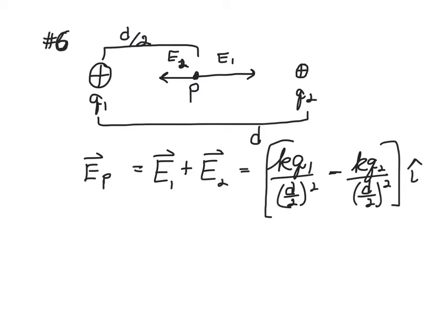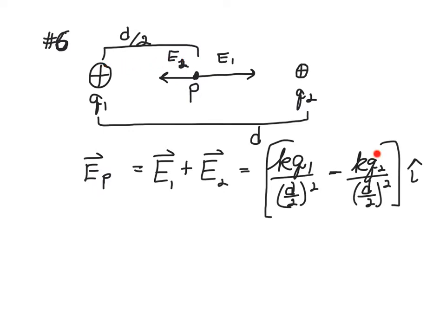And in my case, since Q1 is bigger, I know that E1 is bigger, and the answer is going to be positive. But one thing worth noticing, if Q1 were negative, then this would become negative, which would be correct. If this were a negative charge, then E1 would be going towards it.